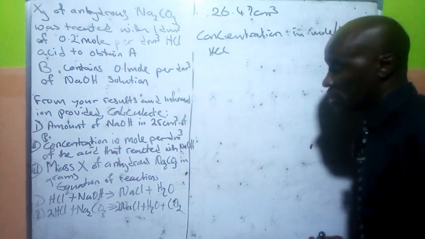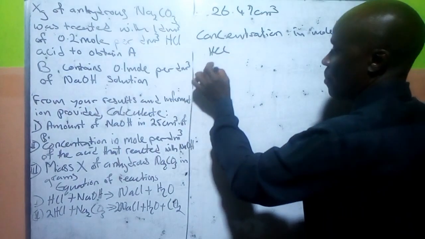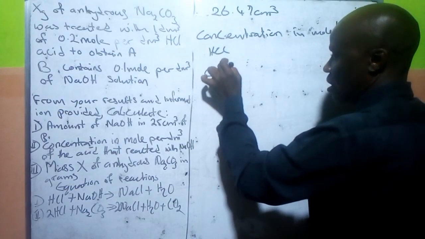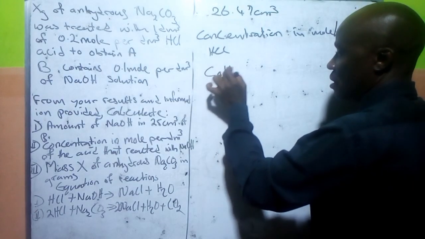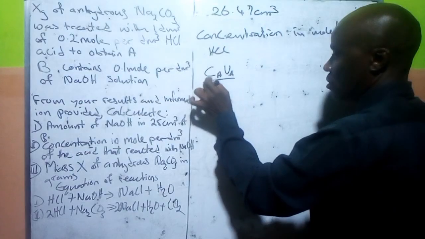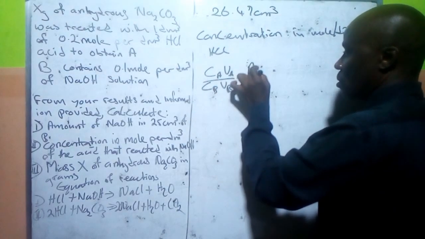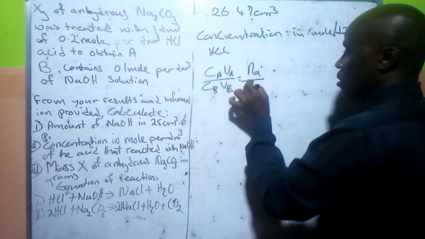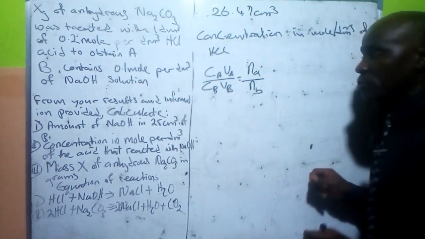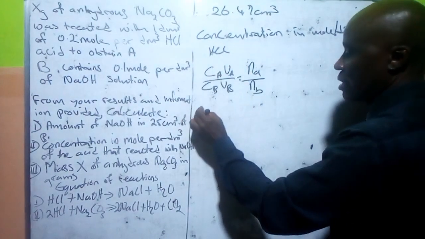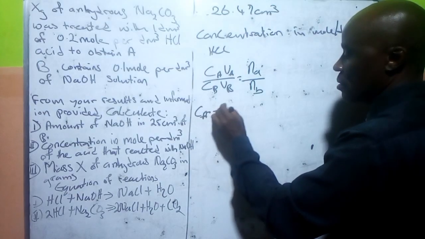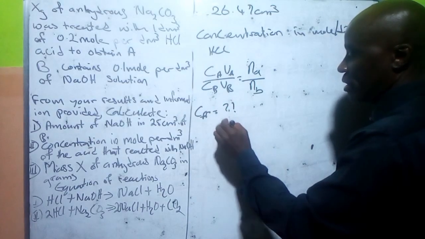So in this case now, this is when you will use our formula, which is CaVa over CbVb equal to the mole ratio. Ca is the one we are looking for, I can put a question mark on it.